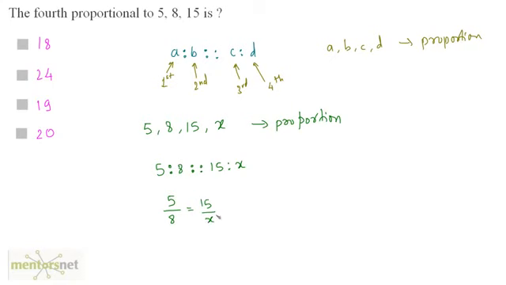You know what a proportion is, right? Proportion is nothing but equality of ratios. So therefore we can find out the value of x from here. x is equal to 15 times 8/5. 5 threes are 15, so x is 3 eights are 24, and we have our answer, option B.